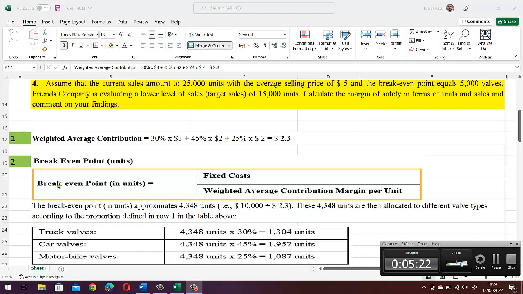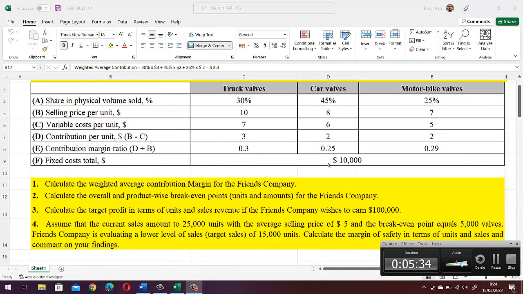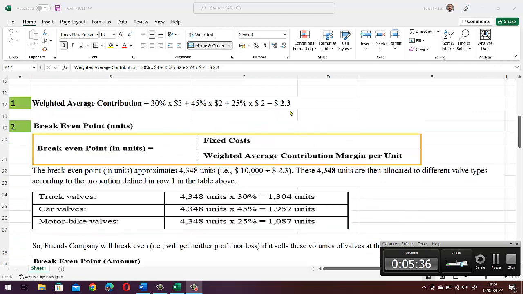Here you can see the famous formula: break-even point in units is fixed cost divided by weighted average contribution. Fixed cost is already given, $10,000, and weighted average contribution we have already calculated, 2.3. So after dividing fixed cost by weighted average contribution, it will give us 4,348.